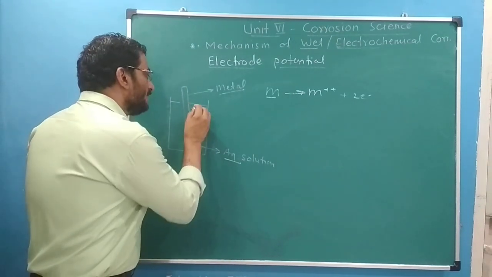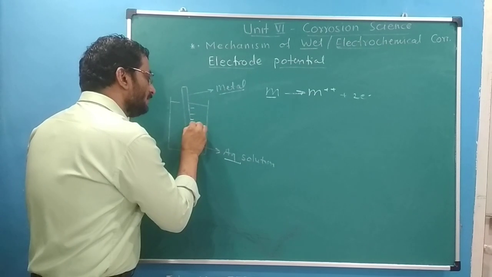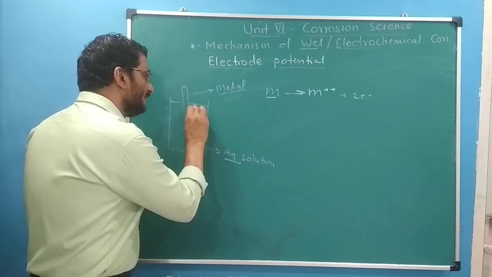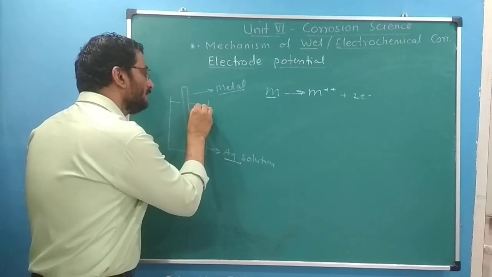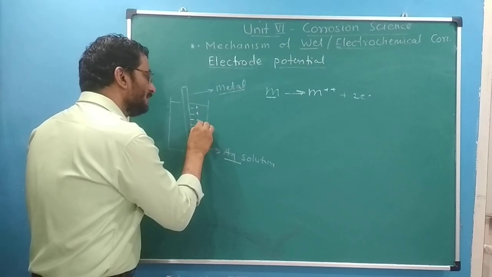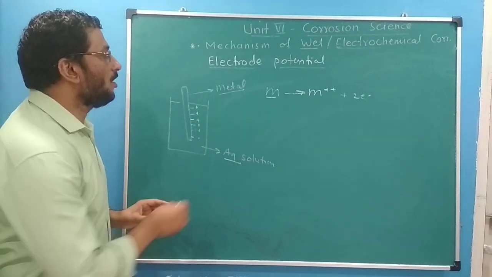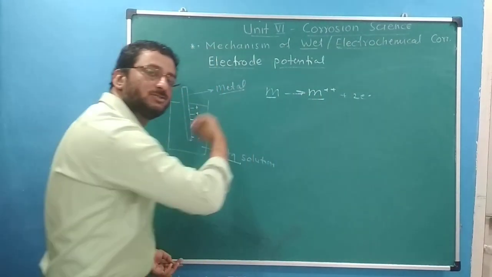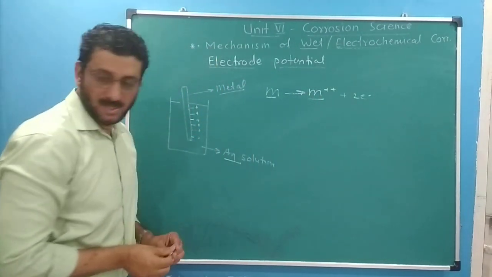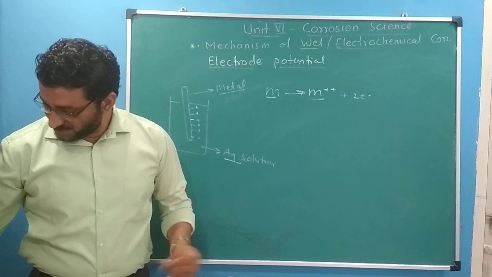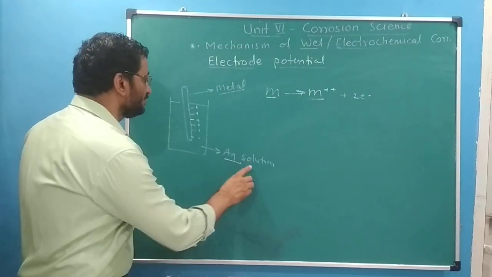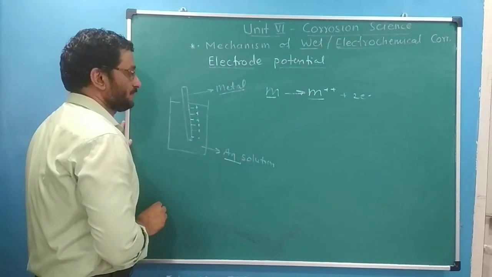Somewhere negative charge electrons will remain held on the metal rod, and it results in the formation of an electrical double layer. Metal ions will pass into the solution like this, and there develops a potential between the solution and the electrode, right?